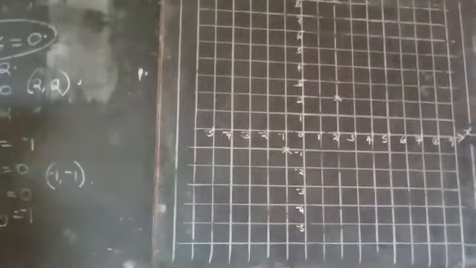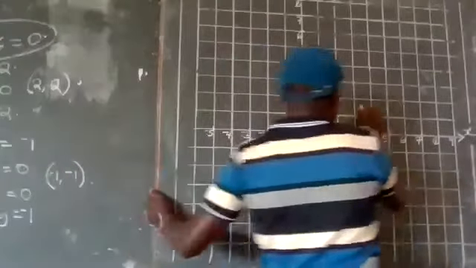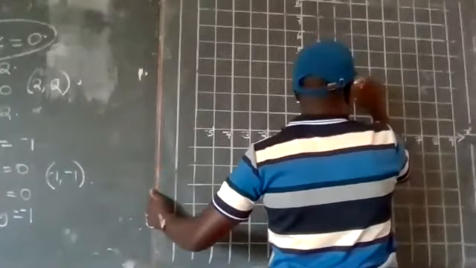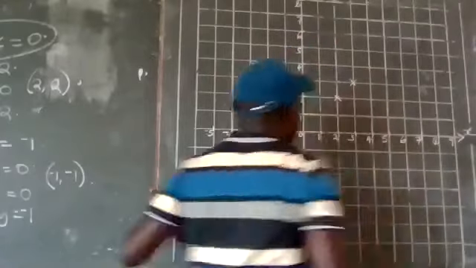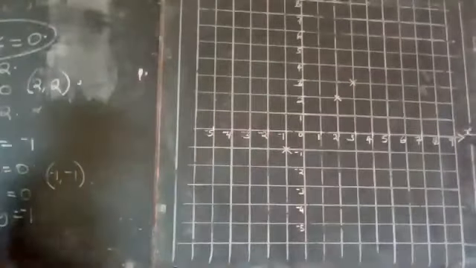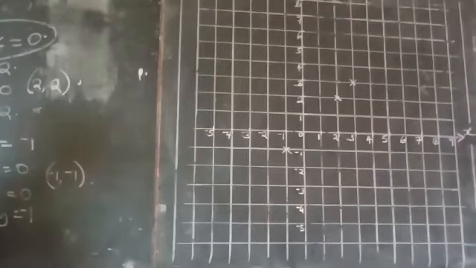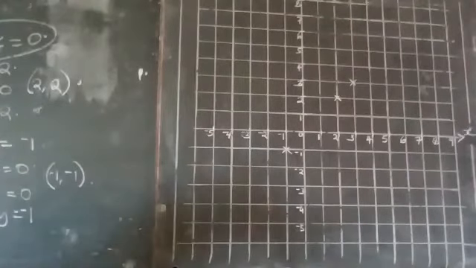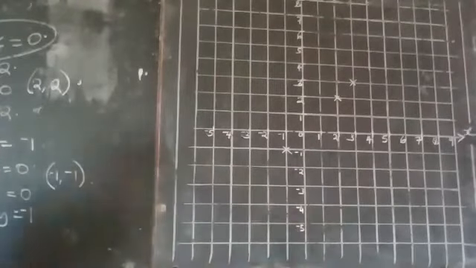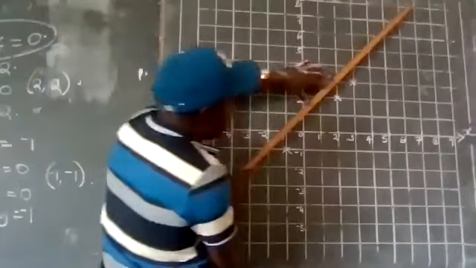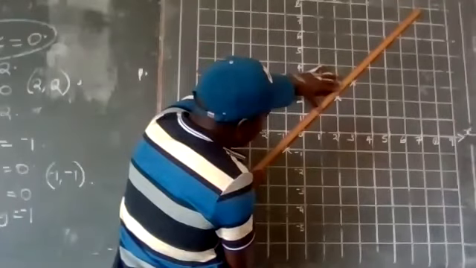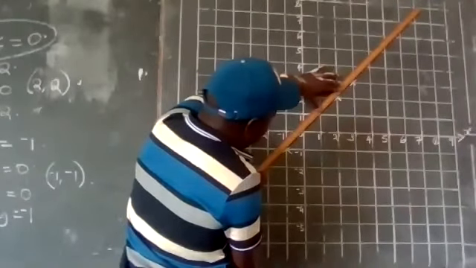Then the third point is 3, 3. 3 on the x-axis, 3 on the y-axis. So the point is here. Okay? So after plotting, our mirror line is now here.